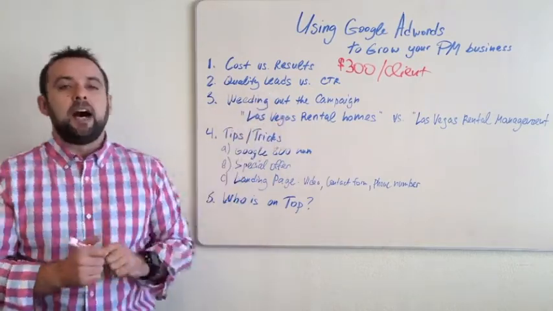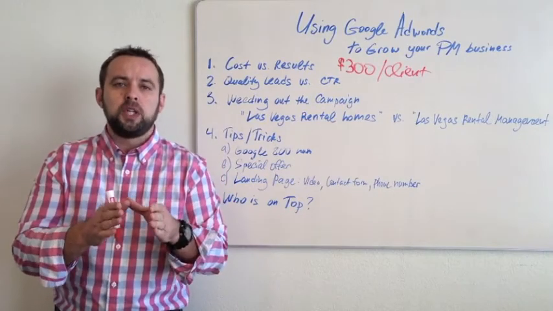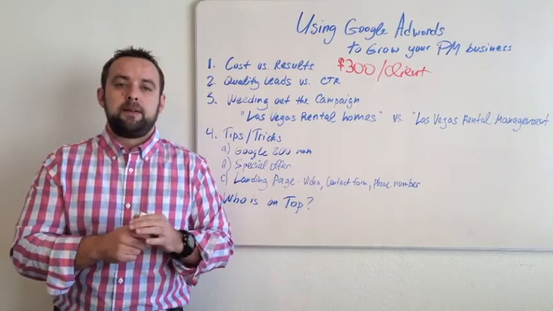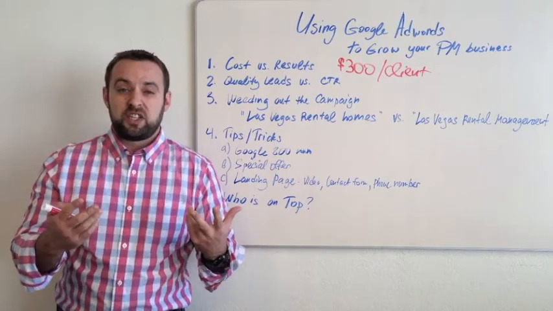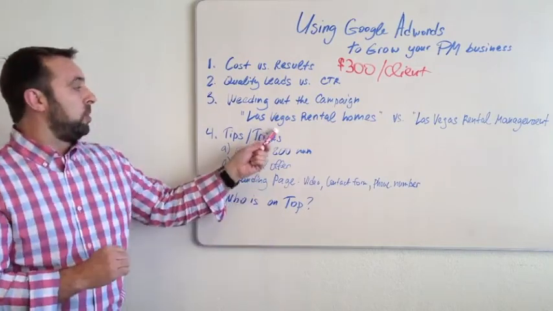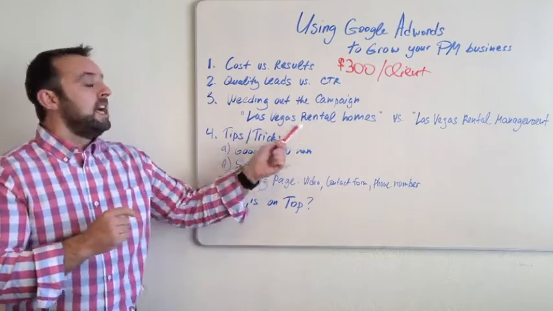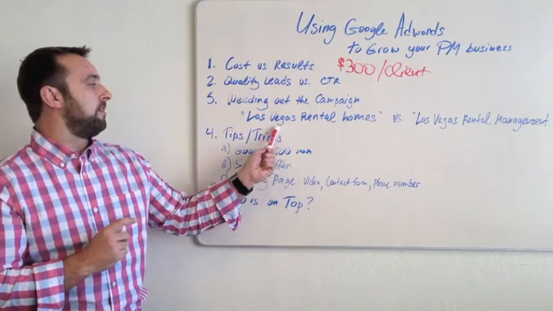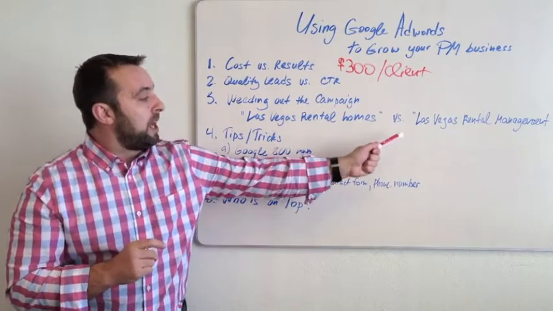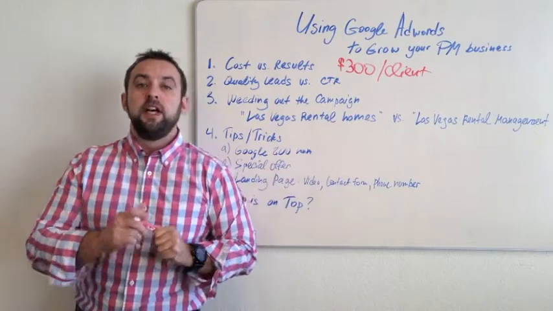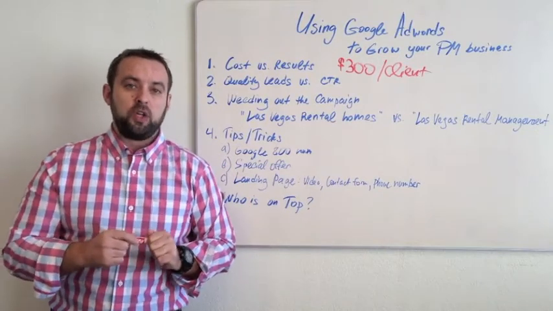The problem is, when you're using Google AdWords, you want to eliminate as many distractions as possible, and by distractions, in our case, I mean tenant searches. So let me give you an example. When somebody searches for Las Vegas rental homes, that would most likely be a tenant searching for that kind of term, right? But Las Vegas rental management would probably be an owner looking for it.